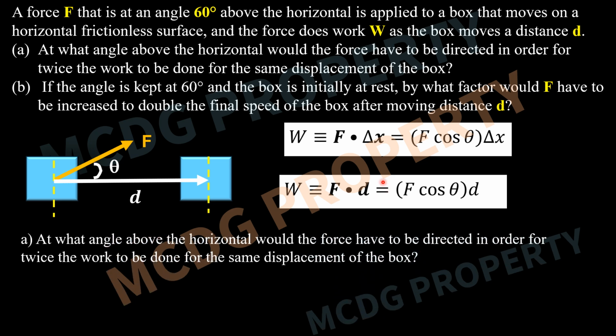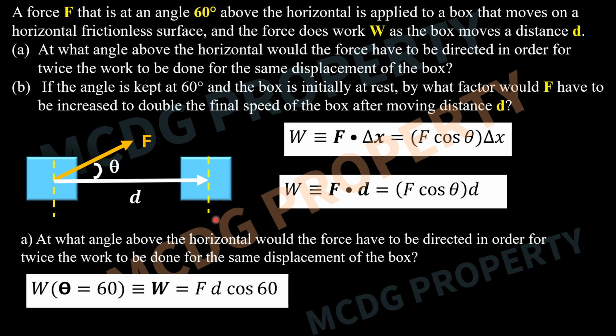Now, the first question is, at what angle theta above the horizontal would the force have to be directed in order for twice the work to be done for the same displacement of the box?